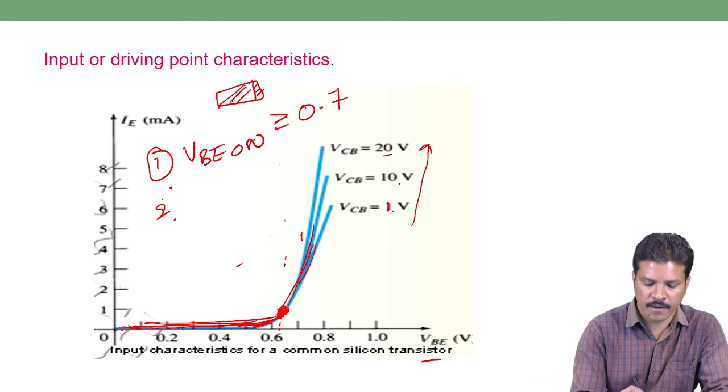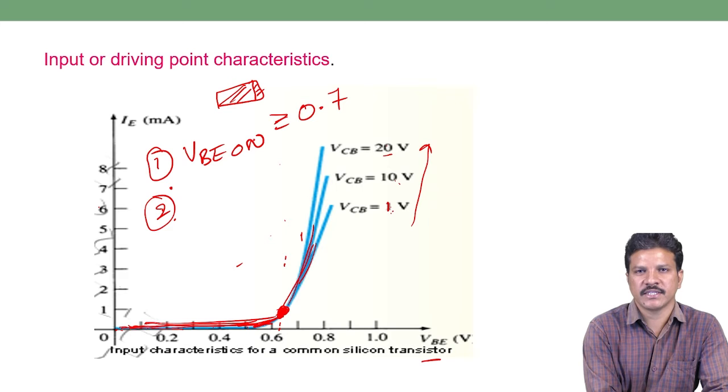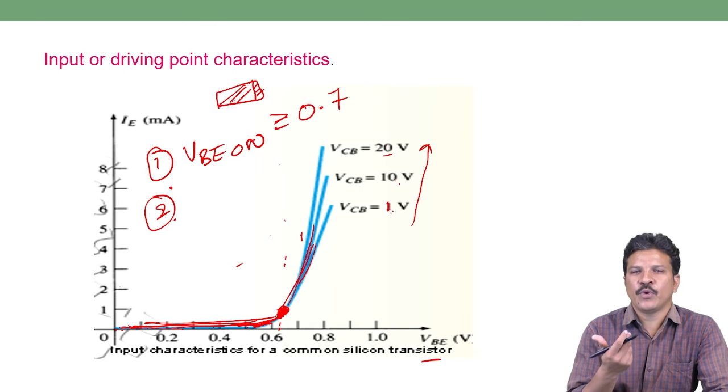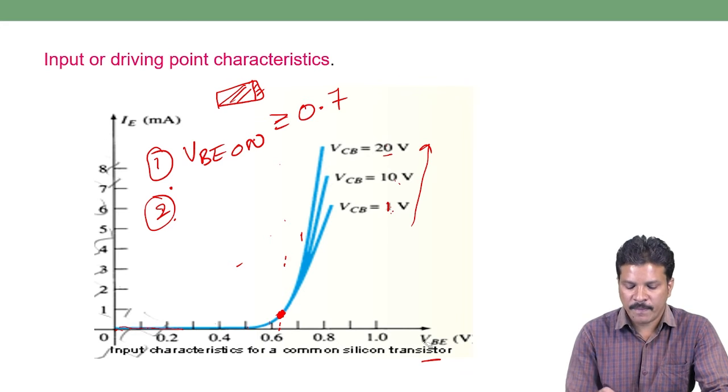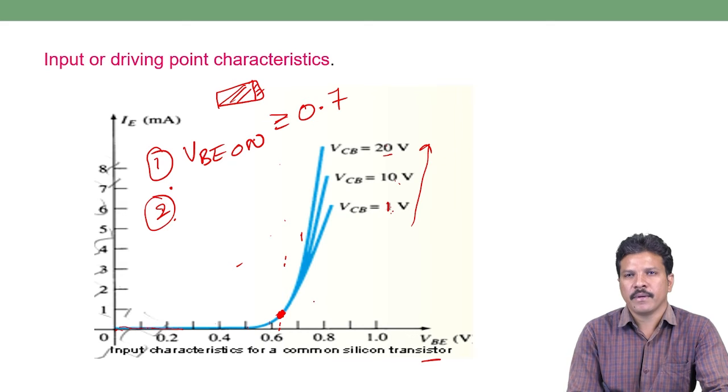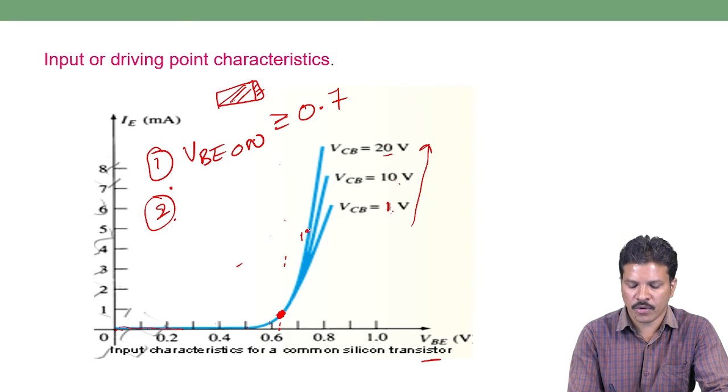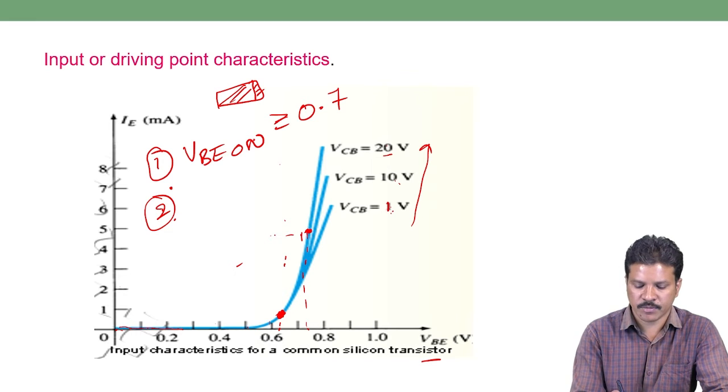The second outcome from this input characteristic is to measure the input resistance from the graph. It is a plot between input current and input voltage. By measuring a point, like a DC resistance or AC resistance: if you measure the DC resistance, take one point on the graph and the corresponding voltage and corresponding current.